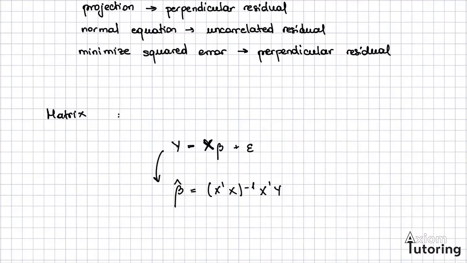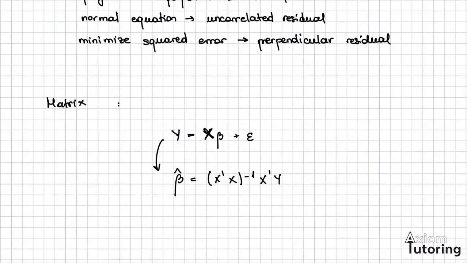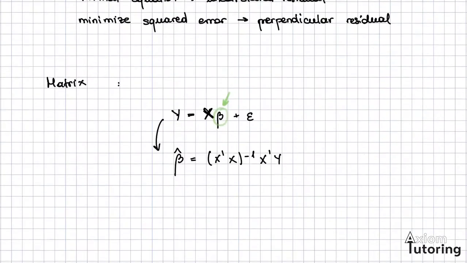Now, if we plug this solution for beta into the model so that we can get the estimated model like we always do, that means that our y hat is simply going to be X times our beta hat. Remember, in the estimated model, the error term has no space.